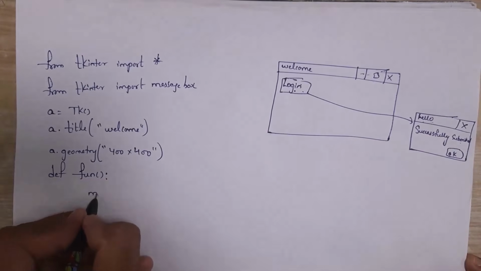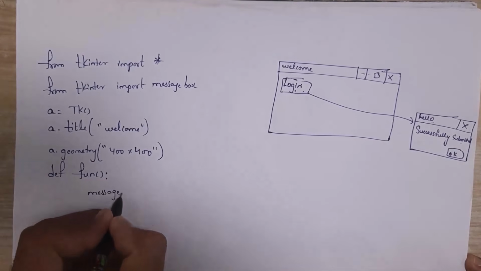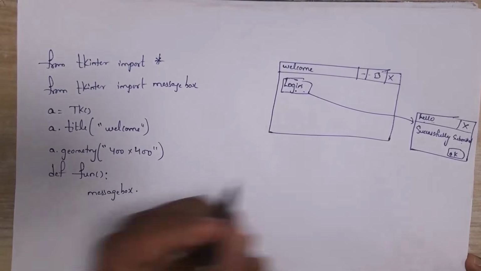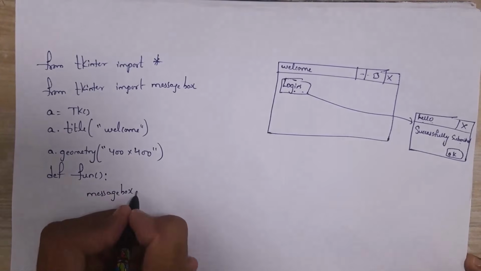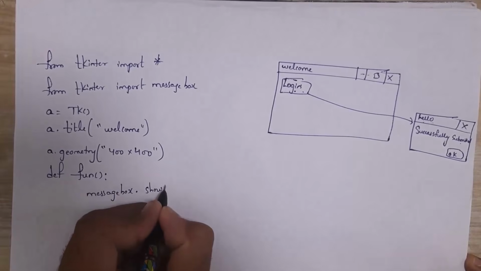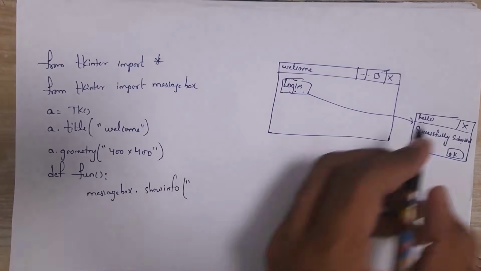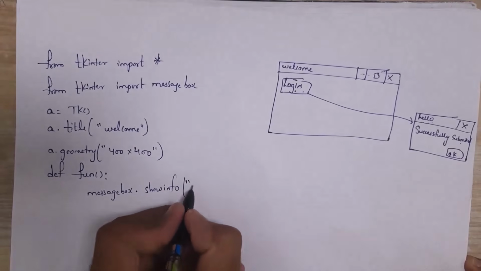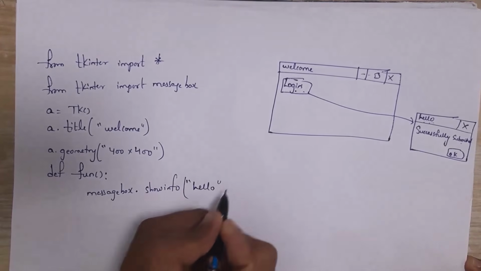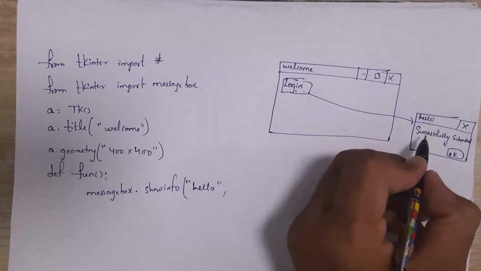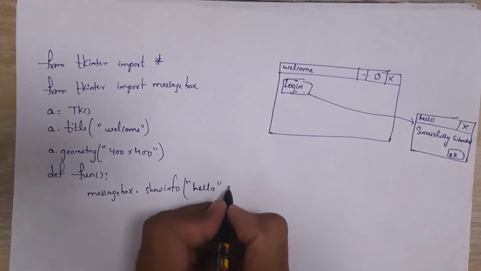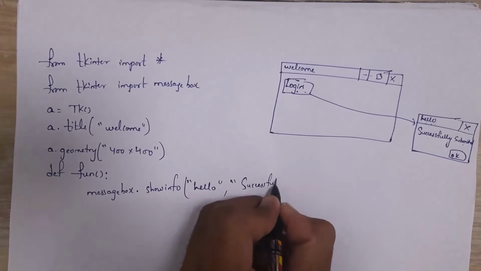So just write here messagebox dot showinfo. Inside showinfo method, you need to give title. This message box title is hello. So I am giving title as hello, comma, here you need to give message. I want to give message that is successfully submitted. So in quotations write successfully submitted.